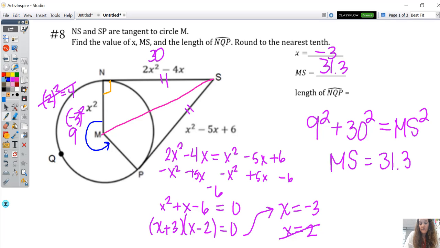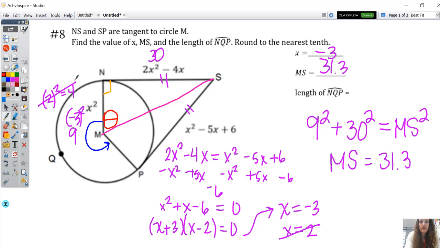So I don't really know how to do that, but I do know that in a right triangle, if I know 2 out of the 3 sides, I can use inverse trig and find a missing angle. So I'm going to find the measure of angle NMS by using inverse trig. So that's my angle. My opposite side is 30. My adjacent side is 9.